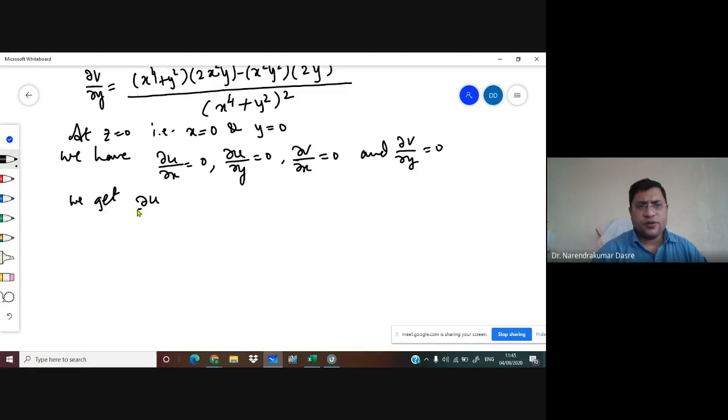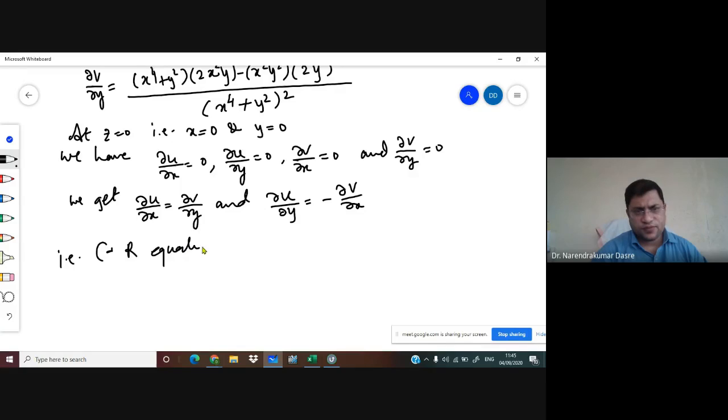what we are able to get: ∂u/∂x is equal to ∂v/∂y, and ∂u/∂y is equal to minus ∂v/∂x. So that is what you can say: CR equations are satisfied.